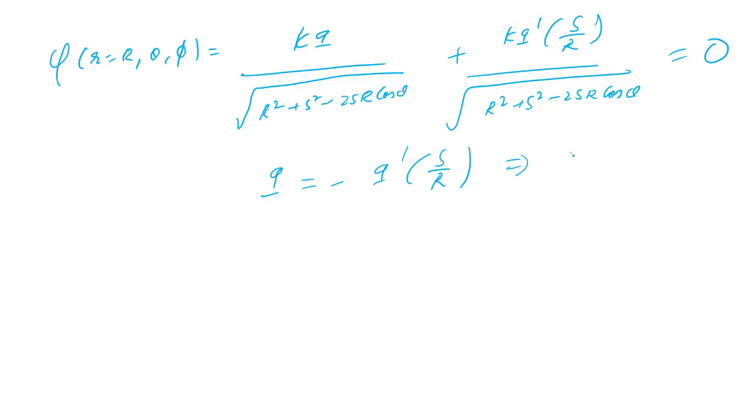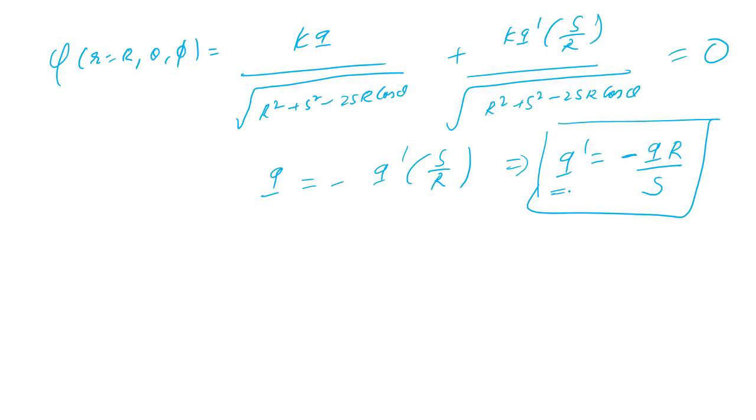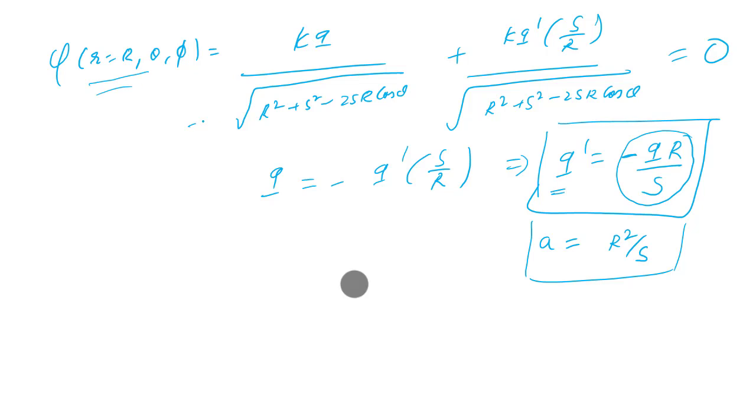That means Q prime is equal to minus Q times R by S. So if you were to place an image charge that has a magnitude of minus QR by S at a distance A, which is equal to R squared by S, then that image charge situation resembles the original situation because it satisfies the boundary condition. And as you can clearly see, because we have this term in the denominator, phi automatically goes to 0 as r goes to infinity.